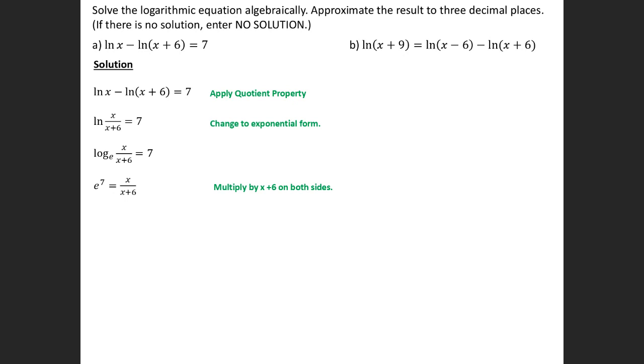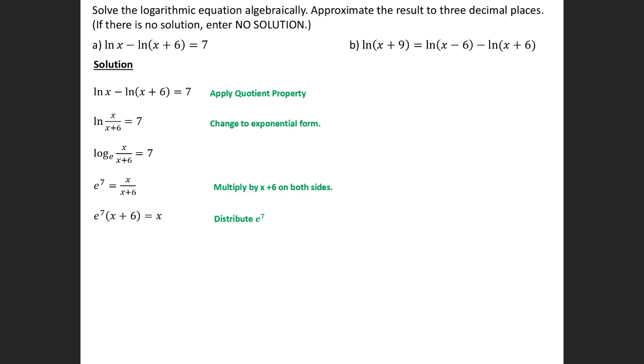Then we're going to solve for this. We're going to multiply the x plus 6 on both sides. So we have e to the 7 times x plus 6 is equal to x.